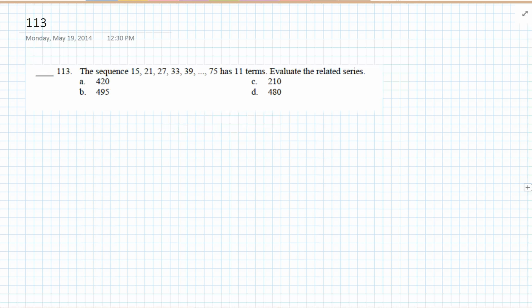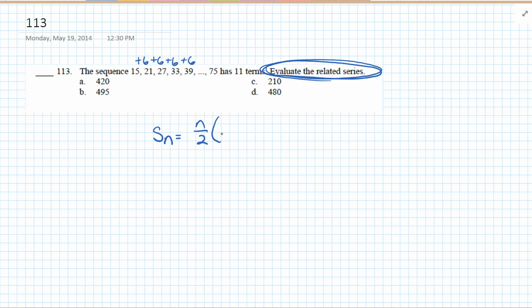113. The sequence has 11 terms. Evaluate the related series. That means sum them. So let's see if we have a common difference or a common ratio. Again, to find that, you just find the difference of the terms. So it's a common difference of 6, so it's arithmetic. The equation for the sum of an arithmetic series is S of n equals n over 2 times a1 plus a of n.